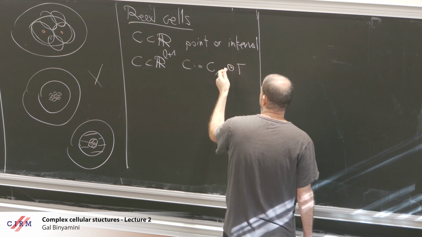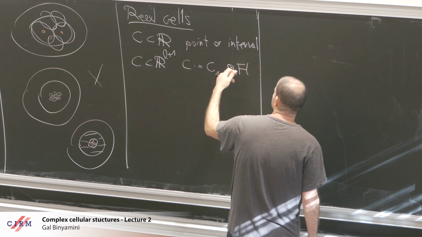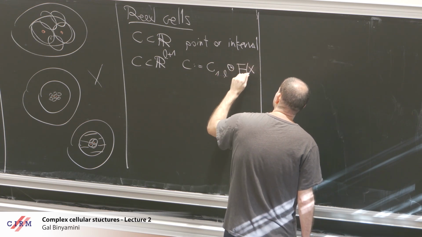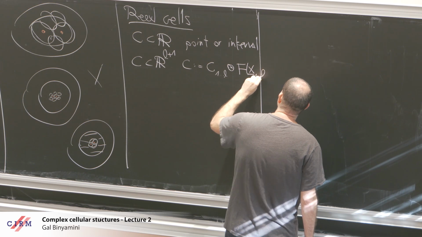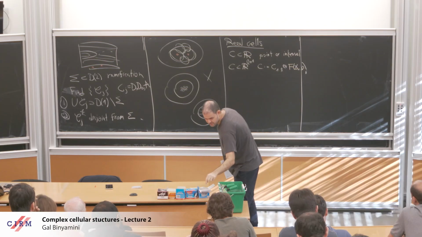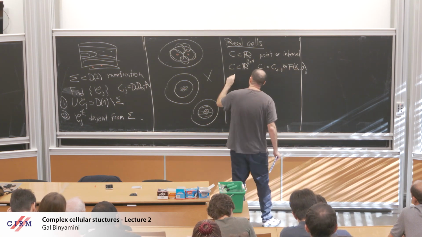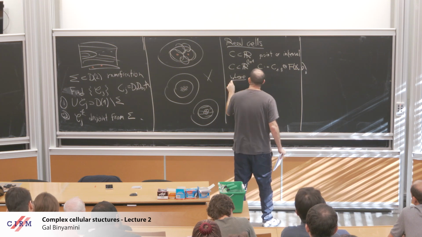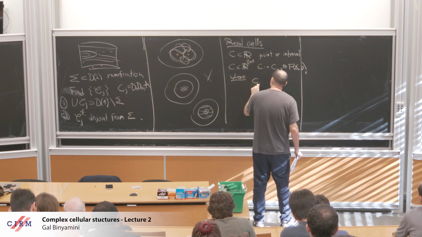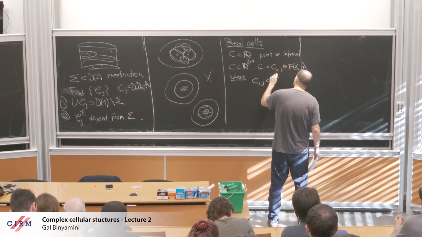And now I'll say what I mean by this special notation. Basically what I want to define is a product, but where the fiber is allowed to move with the base. So C_{1..l} is a cell in R^l.